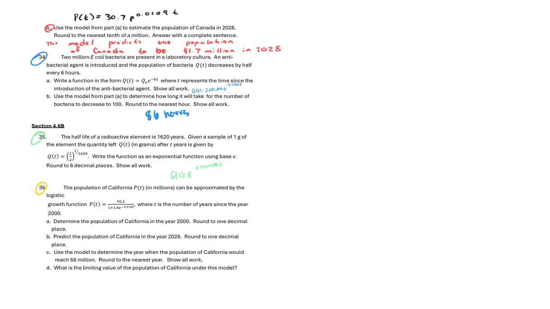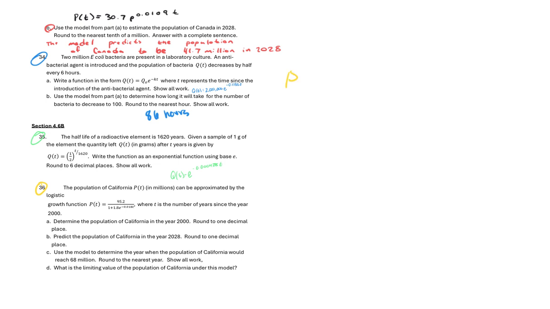The population of California, P of t, in millions can be approximated by the logistic growth function. P of t is equal to that mess, where t is the number of years since the year 2000. Determine the population of California in the year 2000, round to one decimal place.